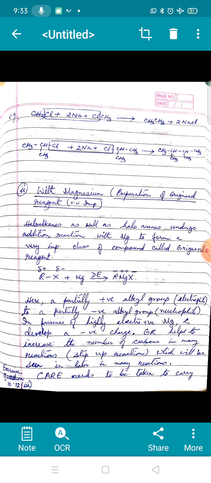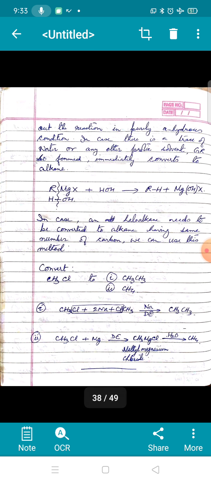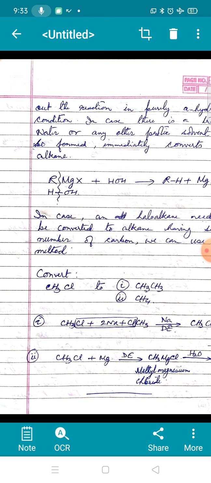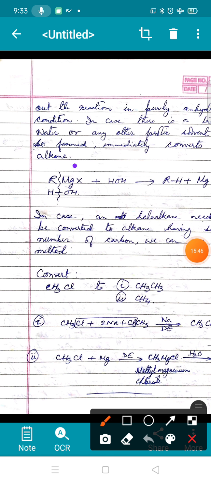Now, why is it so? Why do you avoid water when you prepare Grignard reagent? You see, if you have water with Grignard reagent, as you can see here, I have written RMgX, which is Grignard reagent, and I have taken water here. Immediately R minus will take up the H from water. As you know, H has plus and minus.